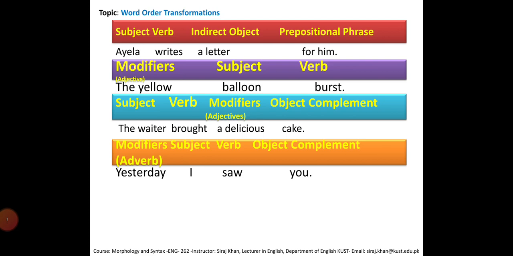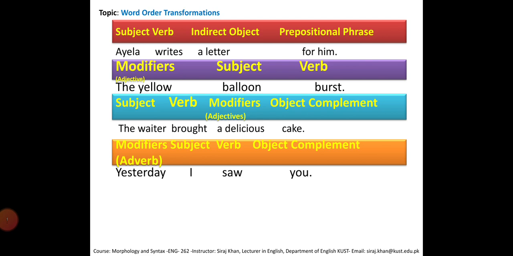In general, when modifying an adjective or adverb, an adverb should go before the word it modifies, like if I say the dog was extremely hungry, so the adverb extremely modifies hungry.